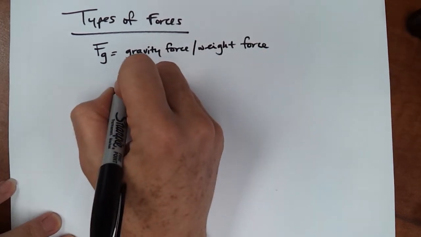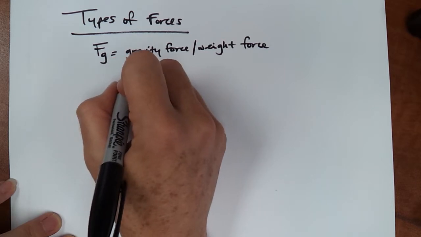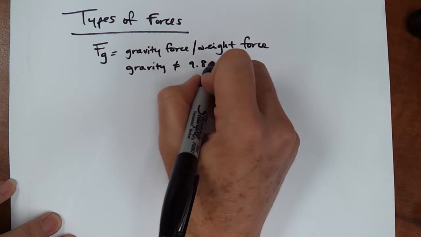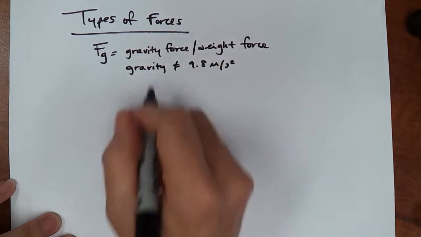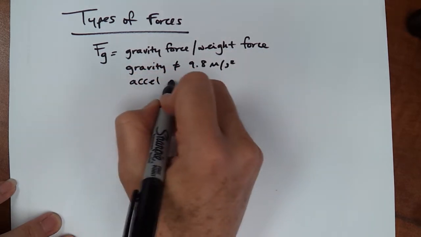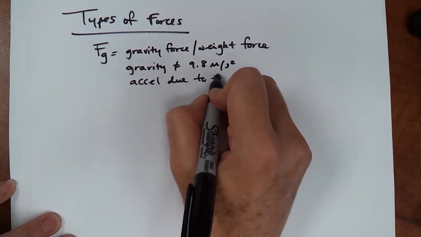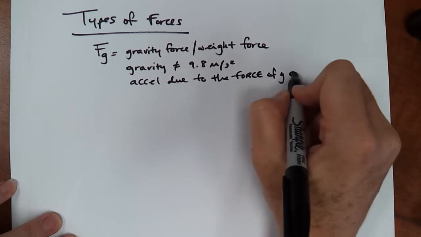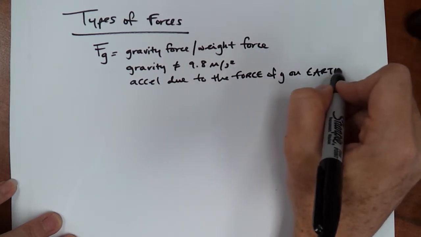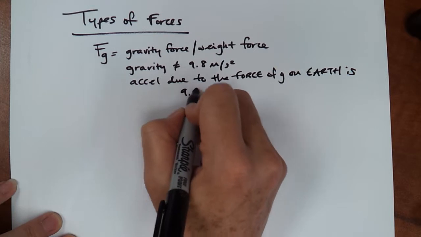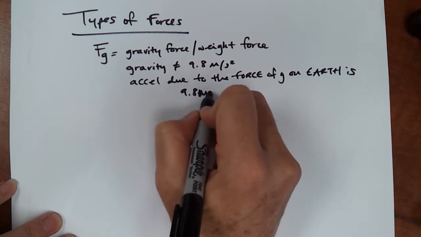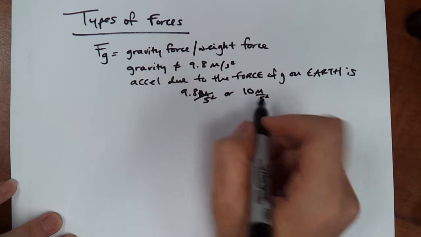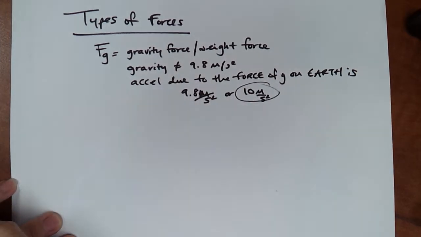Remember that gravity is not 9.8 meters per second squared, but that the acceleration due to the force of gravity on Earth is 9.8 meters per second squared, or what we've been using, 10, right? You can use that on the test, that's fine.